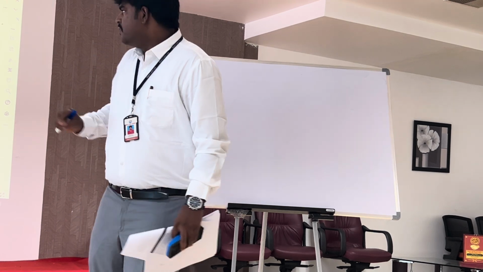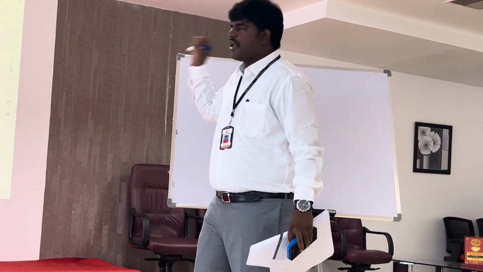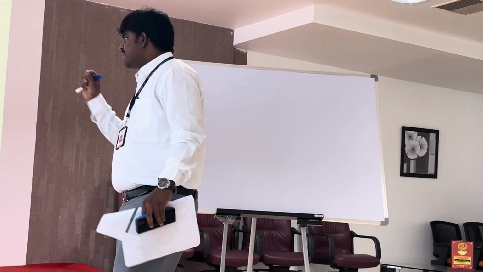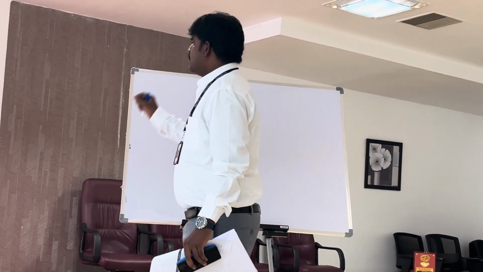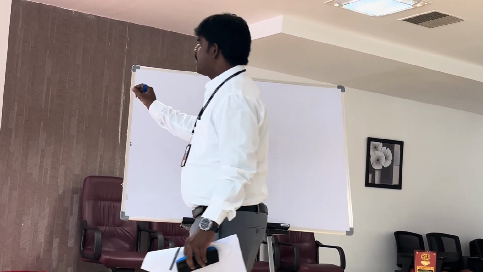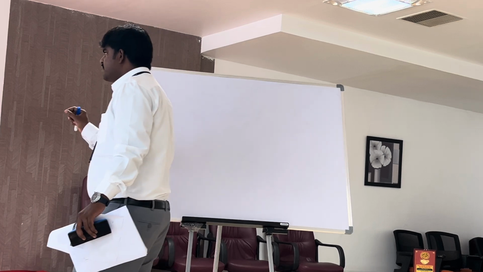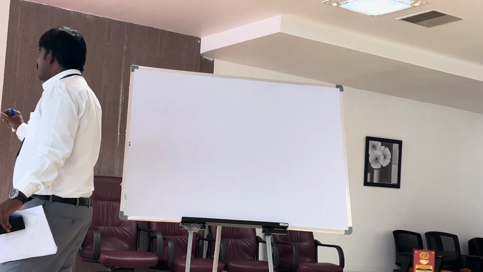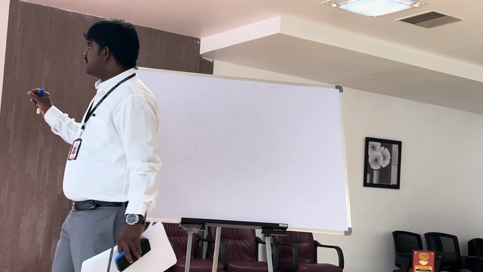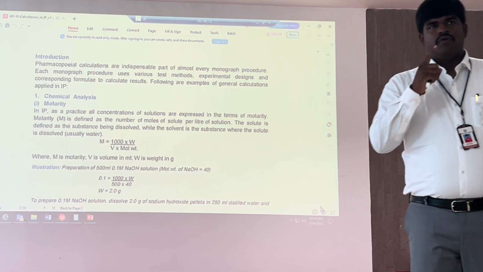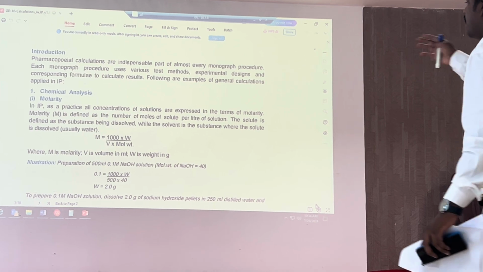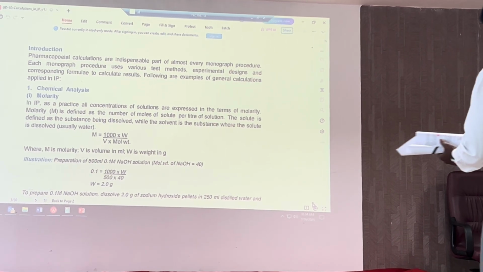For example, if you want to calculate molarity, what exactly does molarity mean? The number of moles of a solute per liter of solution. The solute is the substance being dissolved, while the solvent is the substance in which the solute is dissolved, usually water. Normally, 1 mole of solute dissolved in 1 liter of solution is called 1 molar.